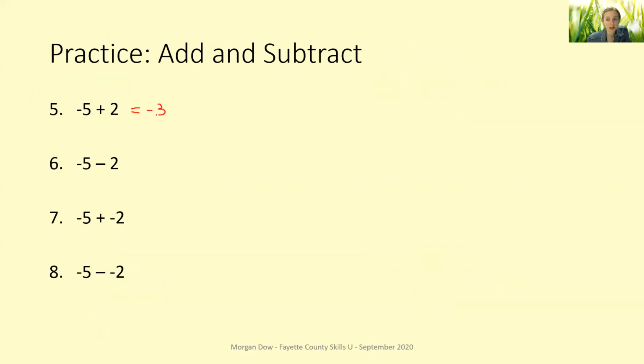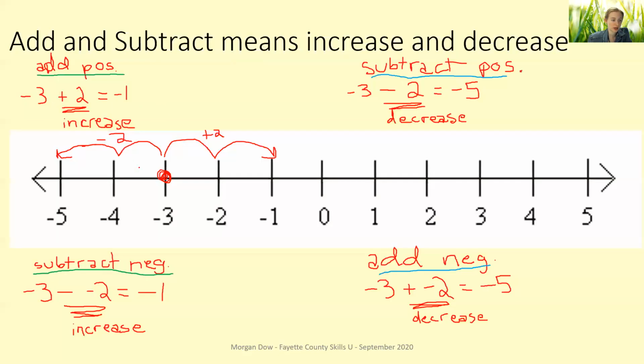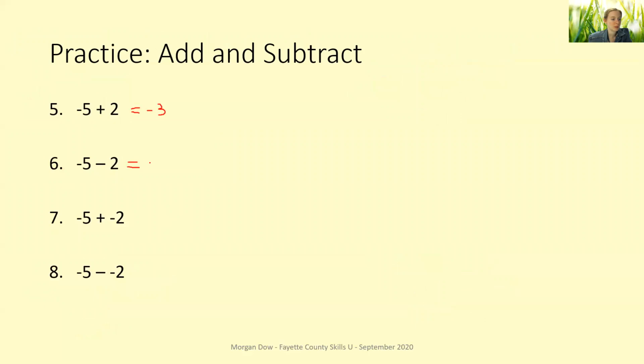We just increased. We got closer to being positive. All right, negative 5 minus 2. Well, same starting point. Negative 5, if you decrease, if you travel to the left 2 spaces, you would go off of this number line here, but just imagine it continues. You would end up at negative 7.